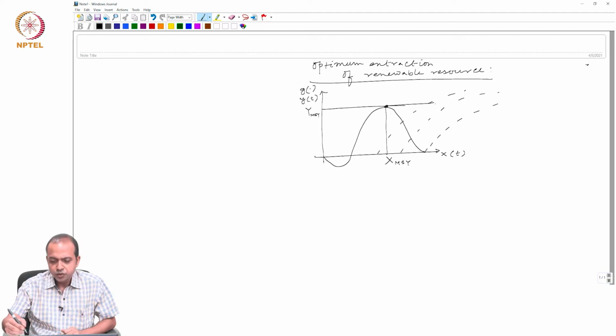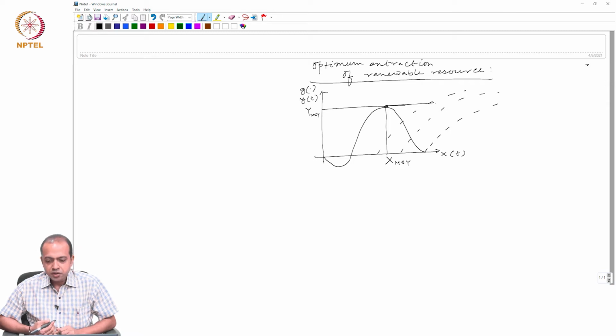While discussing the two types of optimality, economist and biologist, we said that whenever this catch locus intersects the growth locus, that is the economist's optimum, because that is the steady state where the growth rate is equal to the rate of extraction.